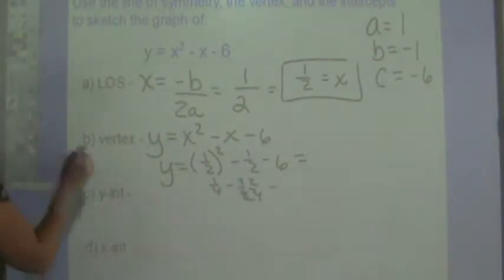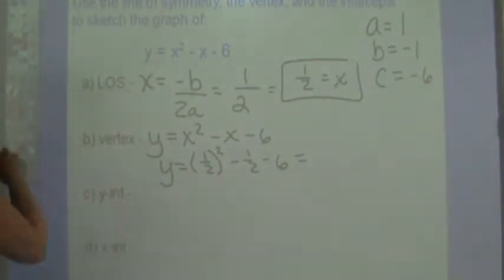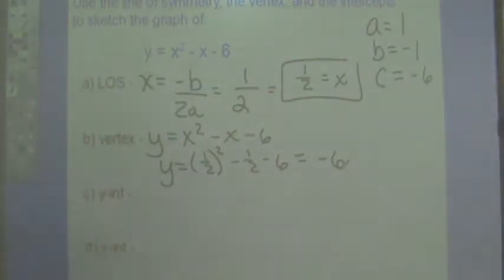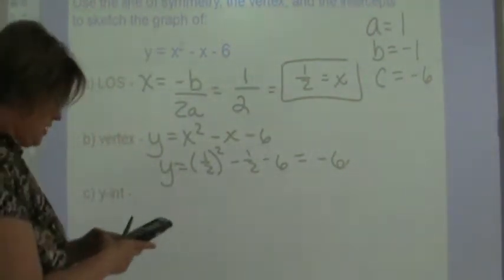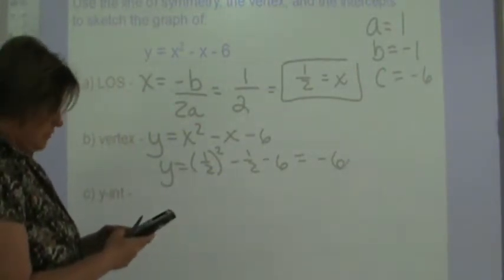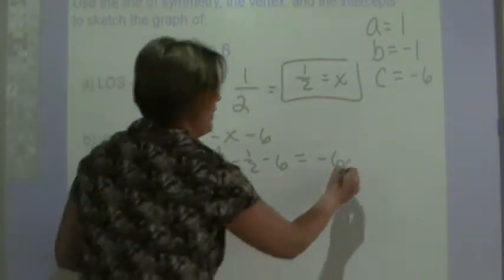Oops, didn't mean to do that. There we go. Okay, I thought it was 6 1/4. Give me a second here. Let's double check that. So we've got 0.5 squared minus 0.5 minus 6. Yep, it is negative 6 1/4. Sorry about that.